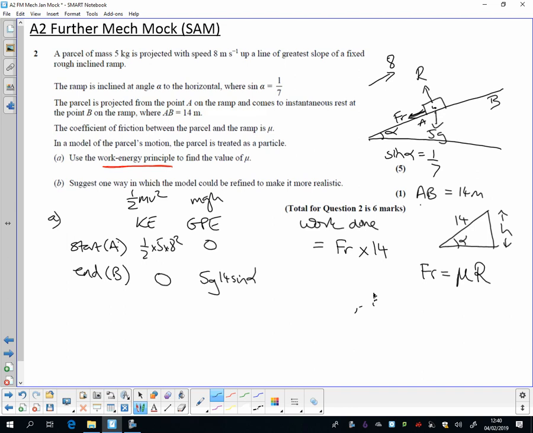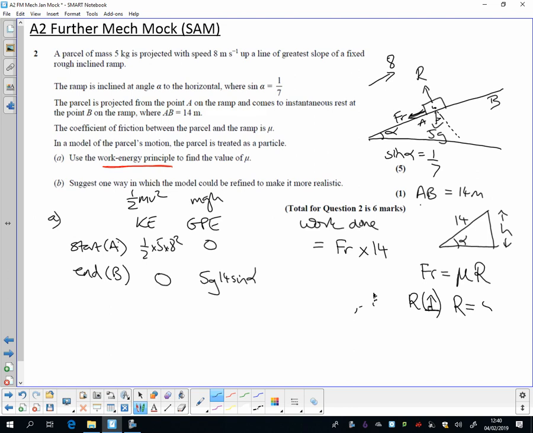If we then look at our diagram, we can resolve, having just gone that direction, I actually want to resolve parallel to the slope rather than vertically. So if I resolve vertically, in that direction it's an equilibrium. The only forces are the reaction force and the weight. So if we look here, that angle will also be alpha.